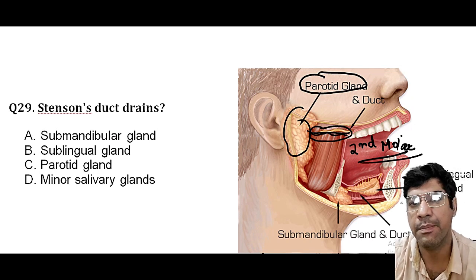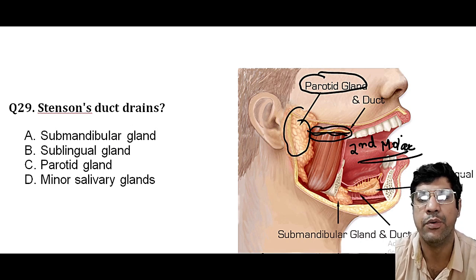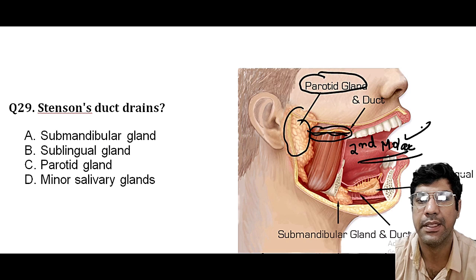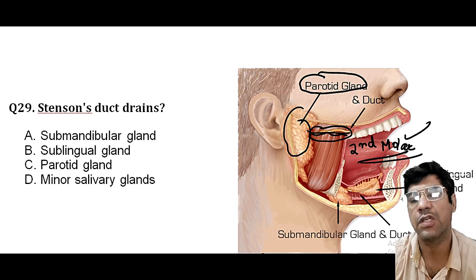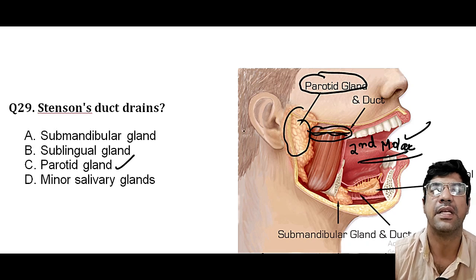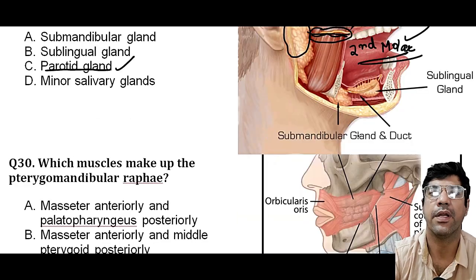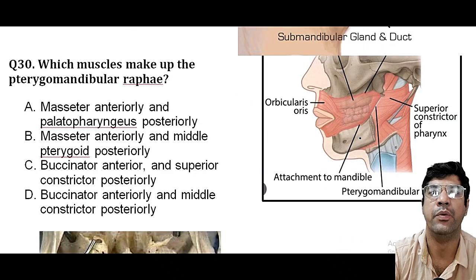So the Stenson duct makes sure that your mouth stays wet and comfortable while you eat your candy. That is why the answer is parotid gland. The Stenson duct drains the parotid gland. Remember that from your entrance examination point of view.